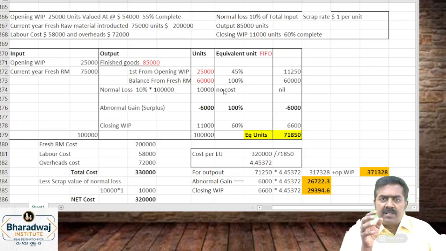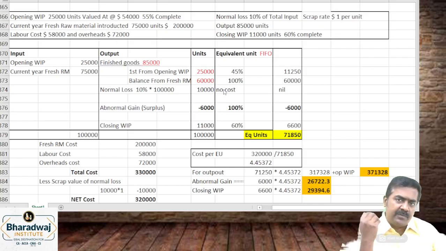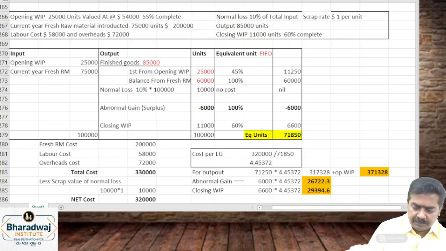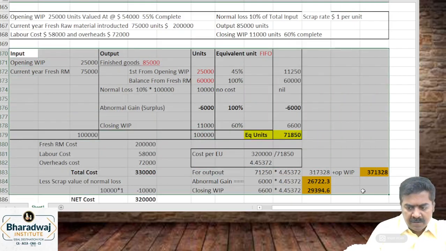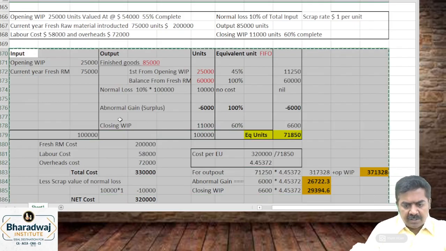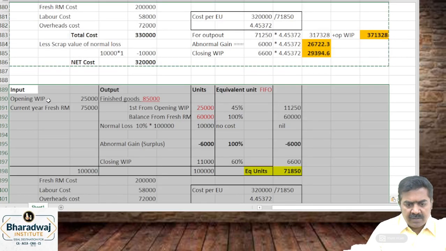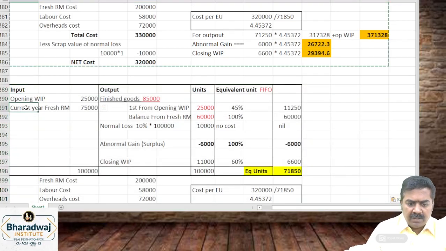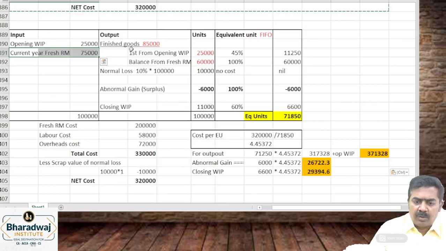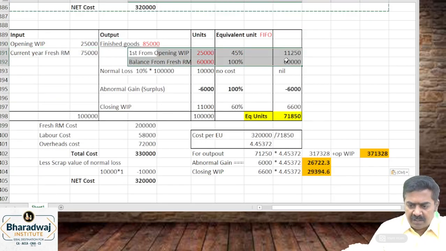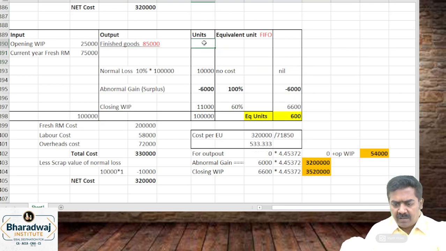Sometimes in IMA questions, they will ask you to follow average cost method. What is it? Average cost method. Same problem that we need to take and work out based on which one? Average cost method. So that you will understand the difference between FIFO method and average cost method. Simple. In average cost method, input is same, current fresh raw material is same. Output we are not going to classify. We'll take 85,000 units, 100% complete.